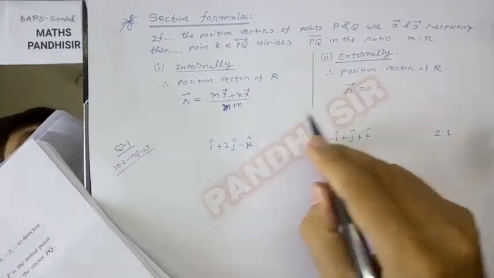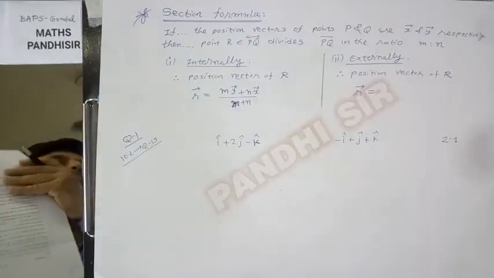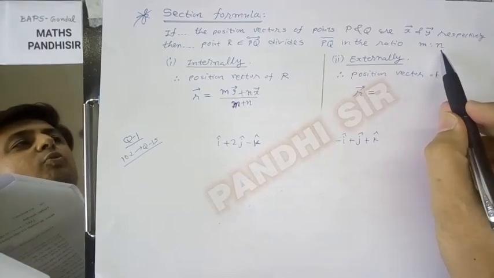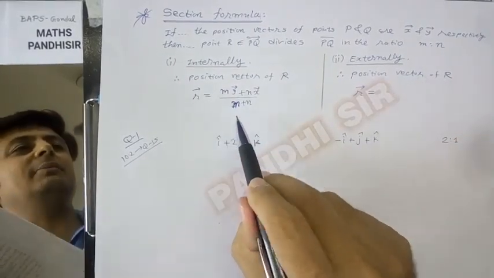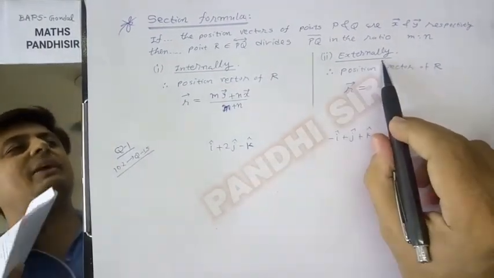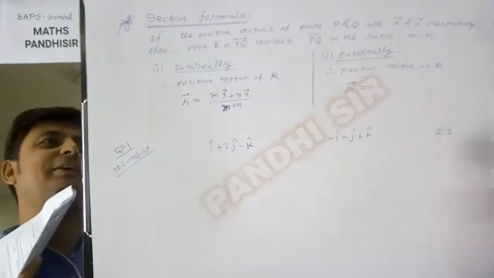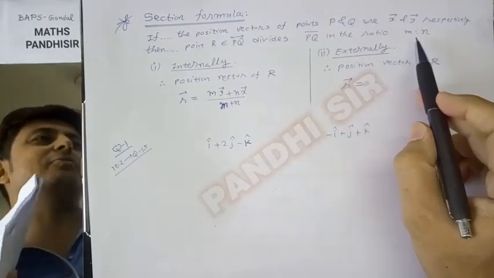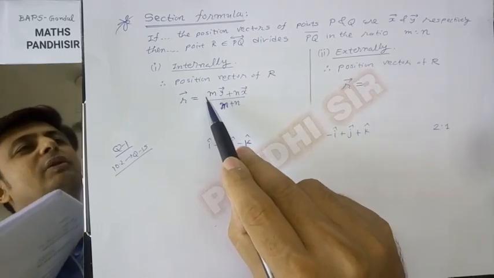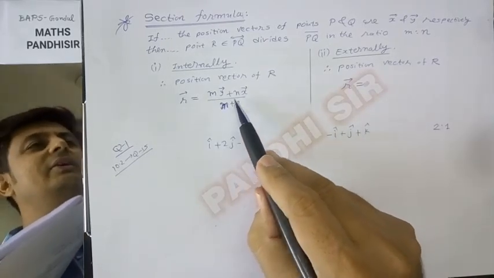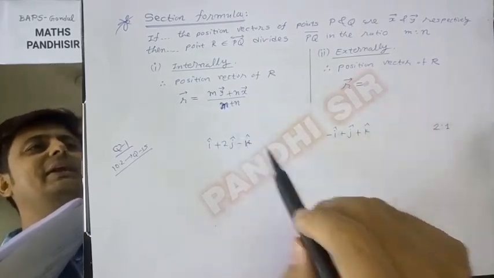Okay, now if external division is there, then also we have the same formula. If the ratio is m:n, then in internal division we take m:n positive, and in external division one will be taken negative. We have already learned this in 10th and 11th standard. So either we put a minus sign here, or it is better to put n negative.